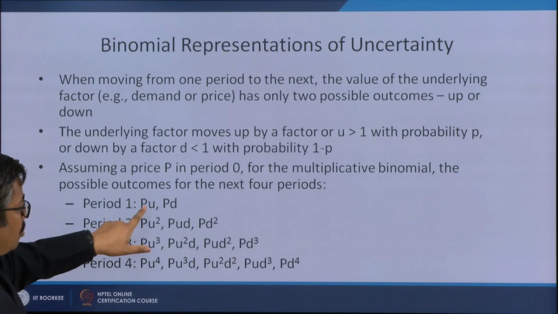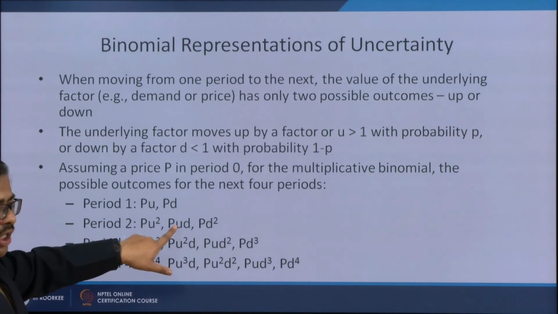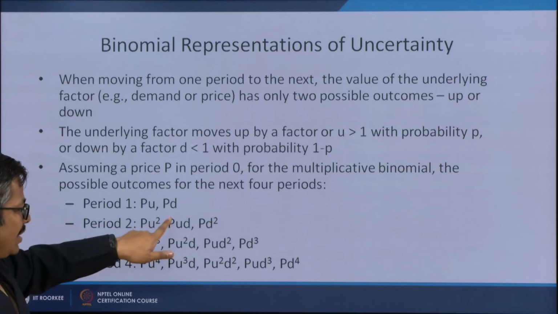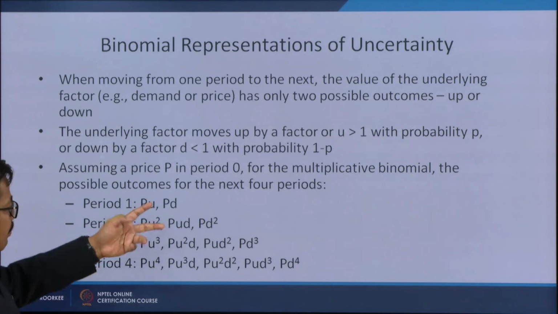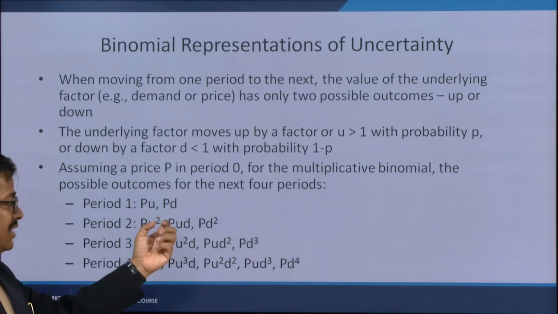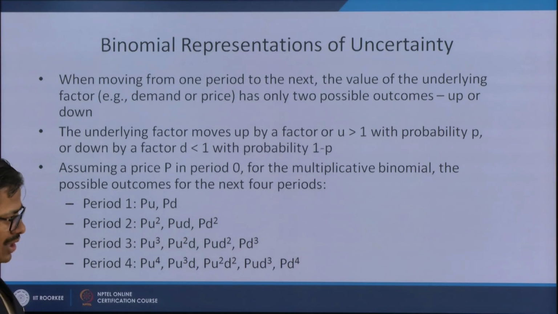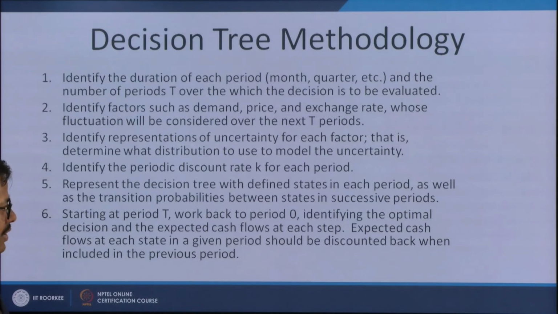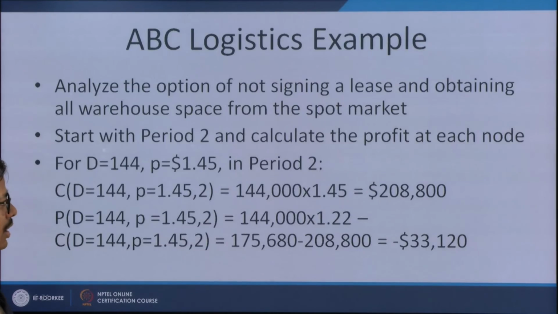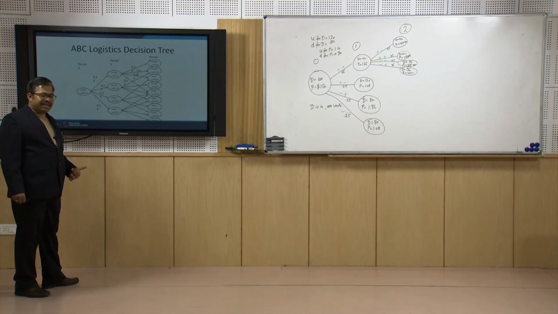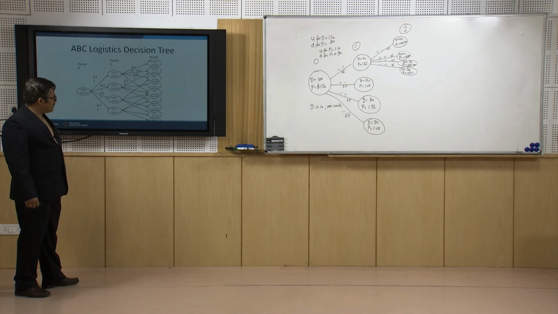So when PU decreases it becomes PUD, when PD increases it becomes PUD. So this state becomes common for both these previous states. Same logic applies in this particular case also, that there are various common states in developing this decision tree.